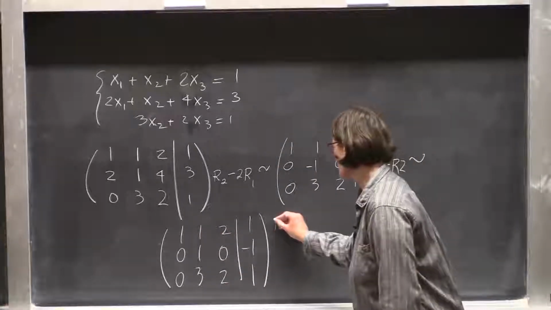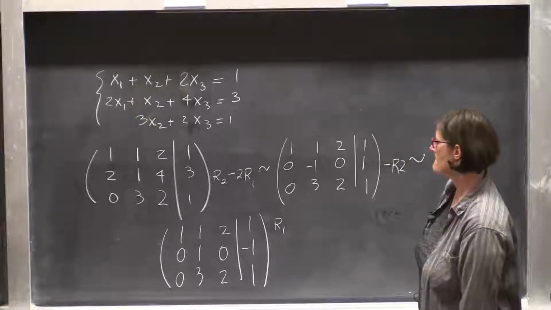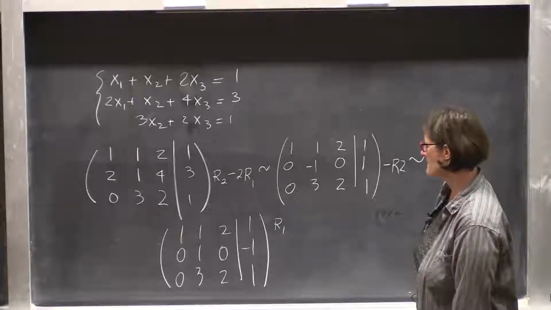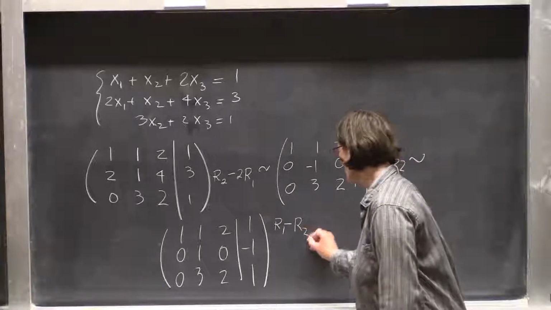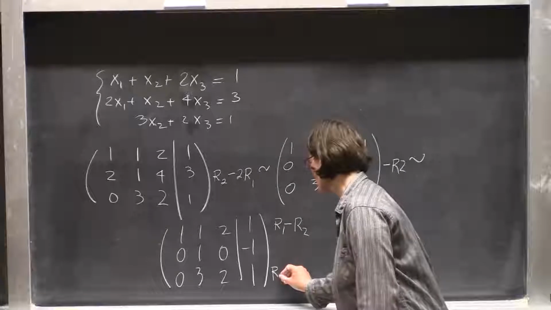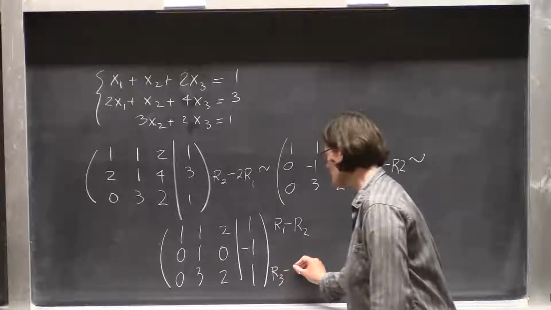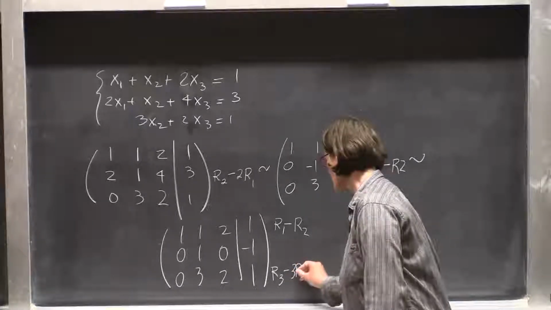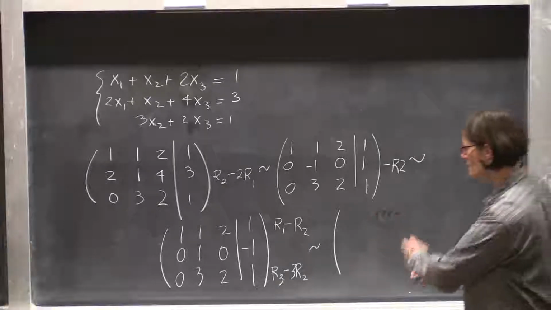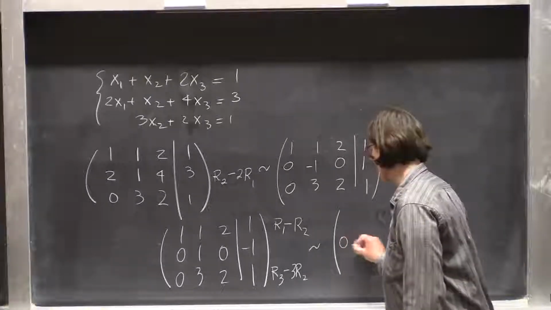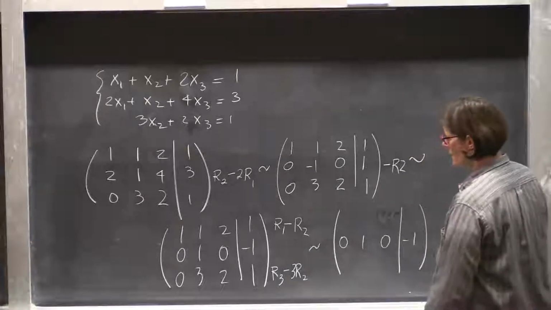So row 1 is going to be replaced with row 1 minus row 2. And row 3 is going to be replaced with row 3 minus 3 row 2. And then I put my tilde. So first I'm going to just copy over row 2 because nothing happens to it. Okay.